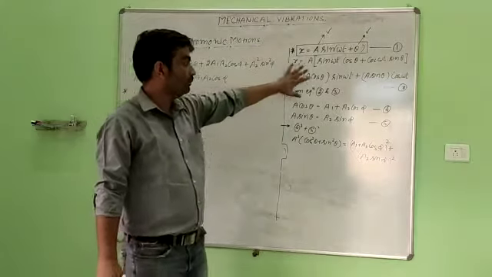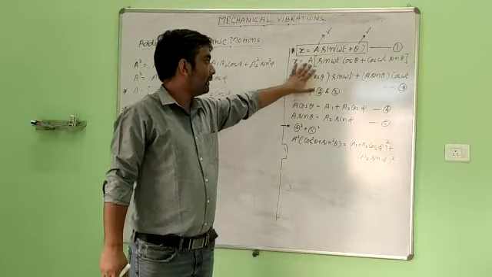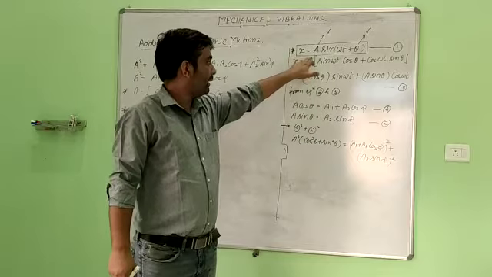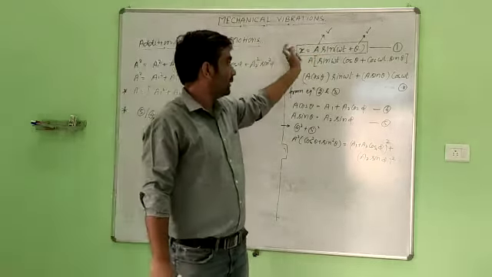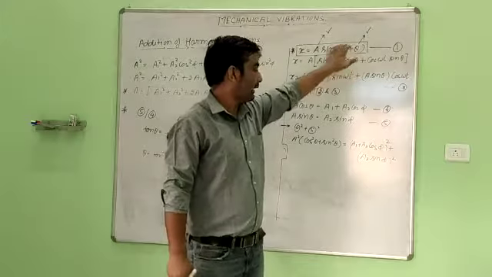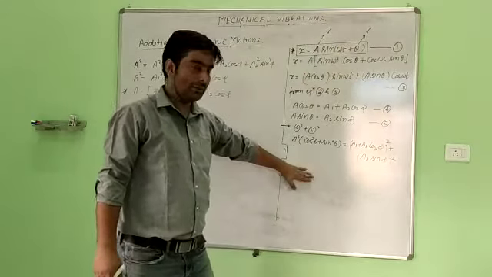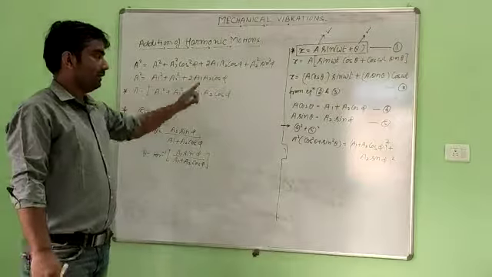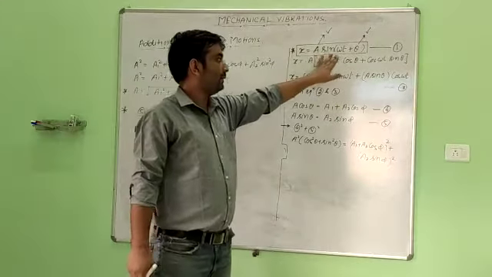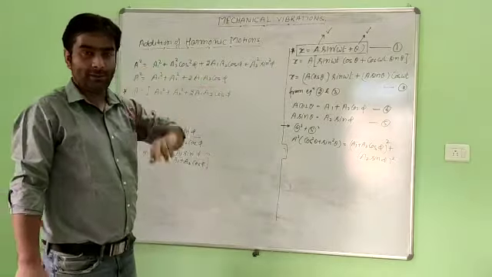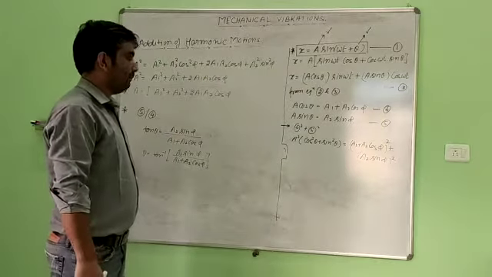Then assume the resultant in this form, where we have unknowns a and theta, and omega is the same as the frequency of the basic equations. Then we compare the coefficients and we will have the value of a, the amplitude of vibration, and the phase angle of the vibration. So this is the basic method.